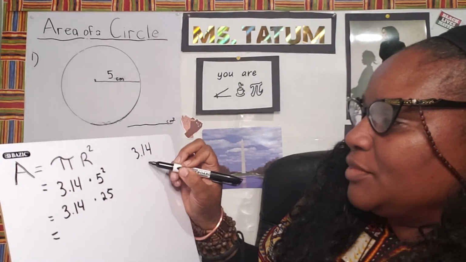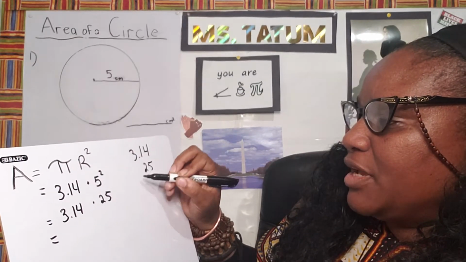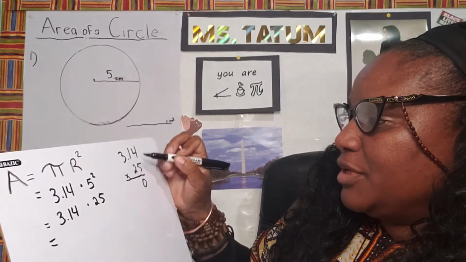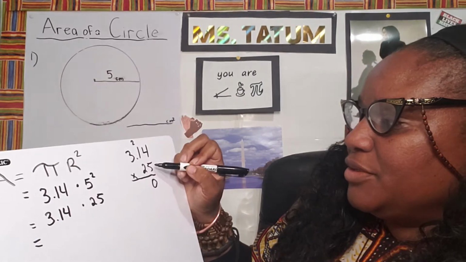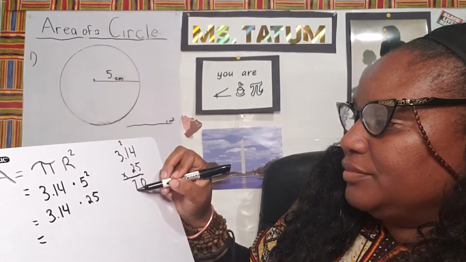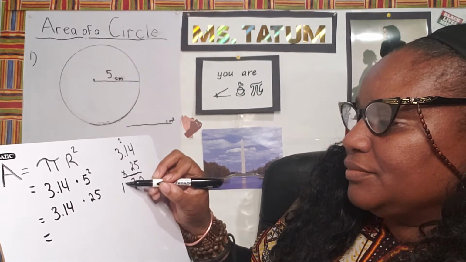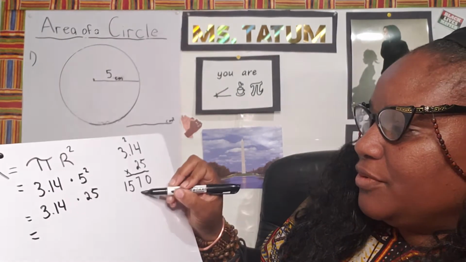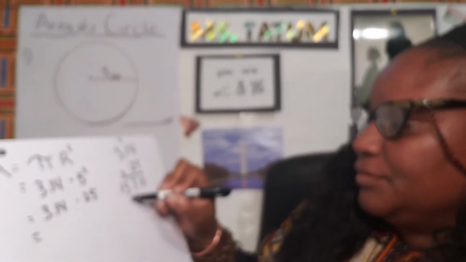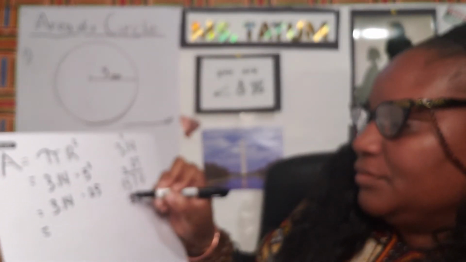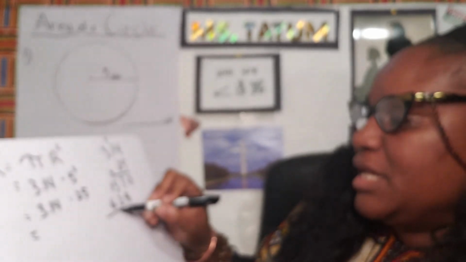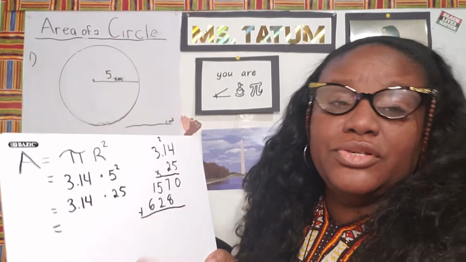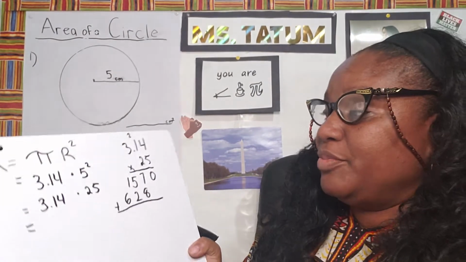3.14 multiplied by 25. 5 times 4, carry the 2. 5, 6, 7. Okay, next row. 2 times 4. Again, if this is something you were struggling with, I highly recommend you grab that multiplication chart to help you through.